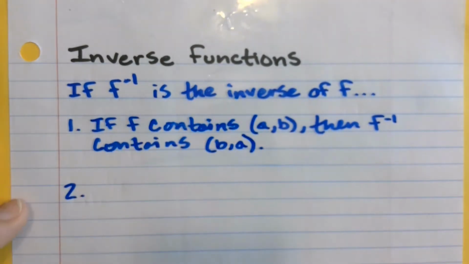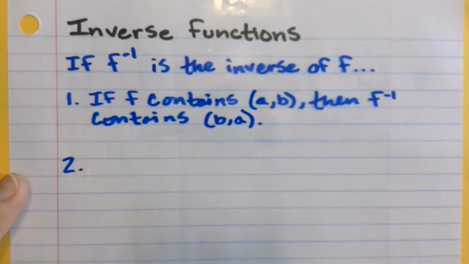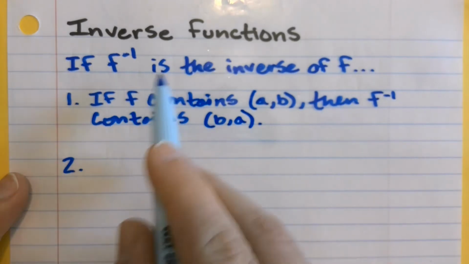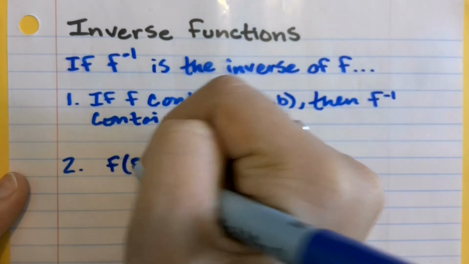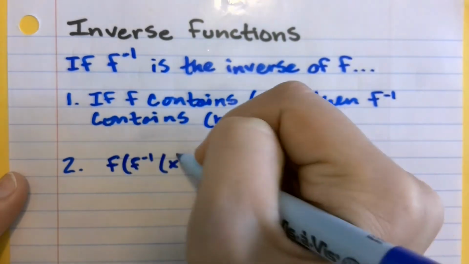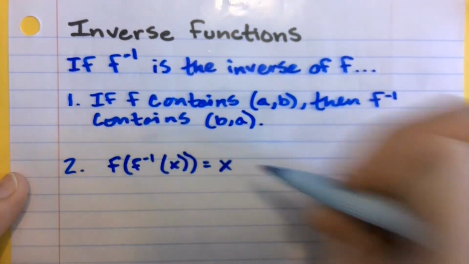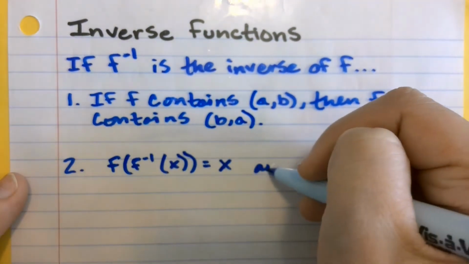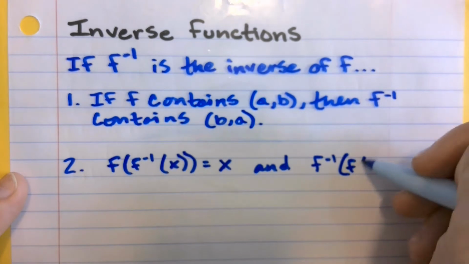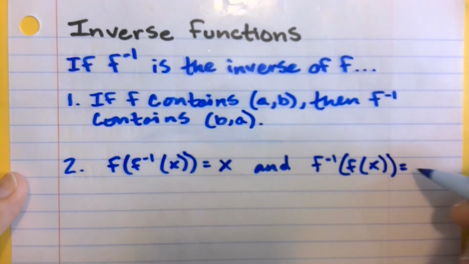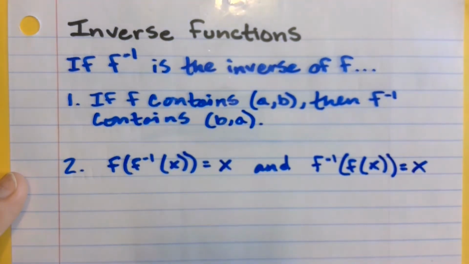The second thing that we learned with inverses is how to test whether they were inverses of each other, and we're going to be using this. If they are inverses of each other, then f of f inverse of x ends up being x, and vice versa: f inverse of f of x is also x.